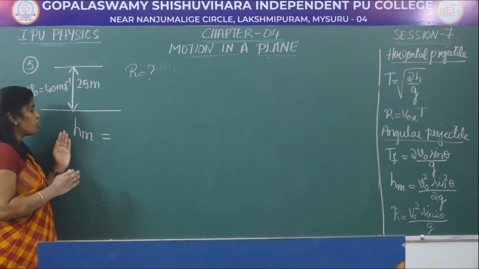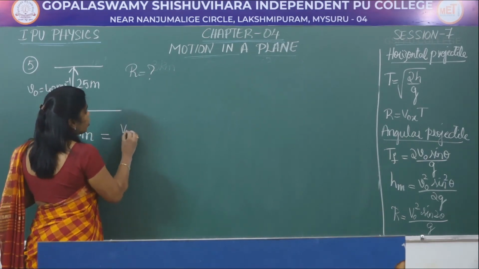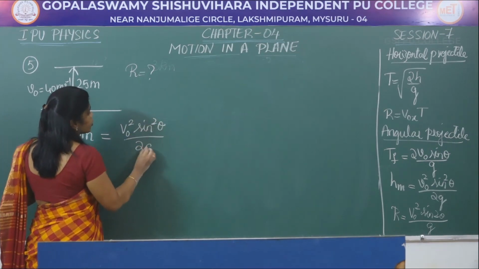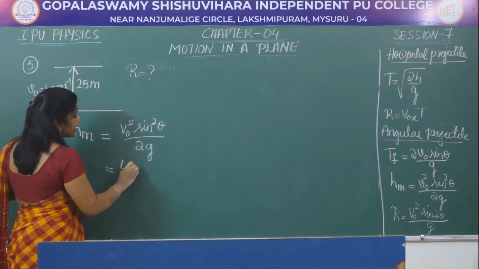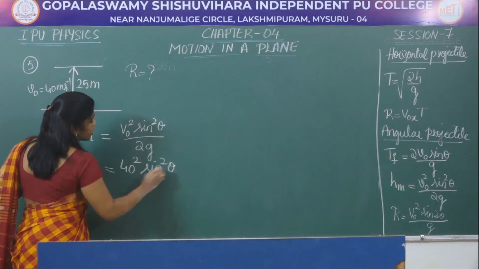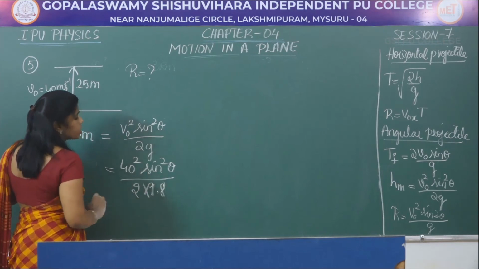First, let us use the formula of maximum height, which is given by the formula V naught square sine square theta by 2g. Here V naught has been given, which is 40 meter per second. So, 40 square sine square theta by 2 into, let me take this as 9.8.